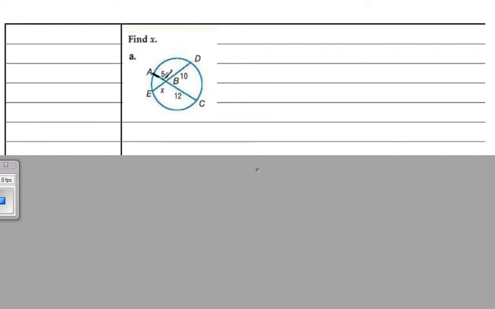So we would do AB times BC and set that equal to EB times BD. Okay, so substituting in my values, AB is 5 times 12, and that should equal EB, which is X, times BD, which is 10.